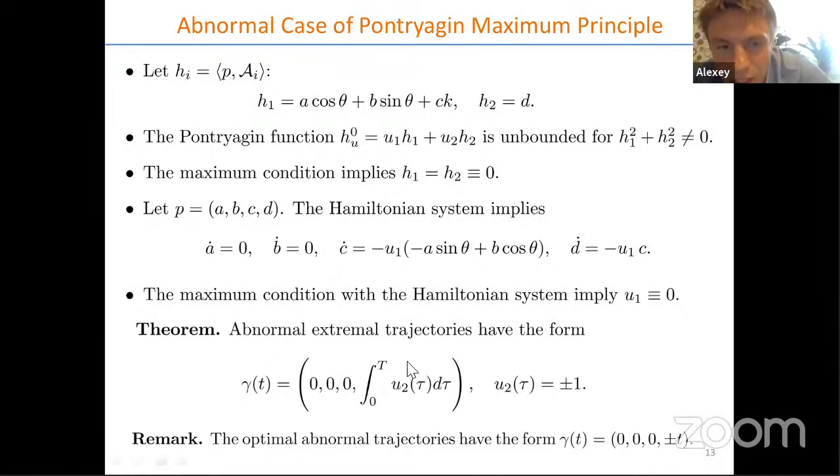There is no restriction. But it is easy to see that optimal trajectories among them will be only those that have either +1 or -1, so where u2 is fixed, because it is not optimal to go in the opposite direction if you already went in one direction.